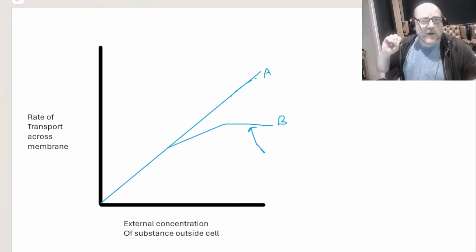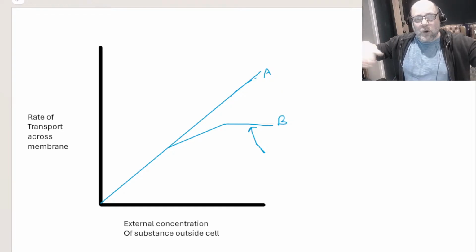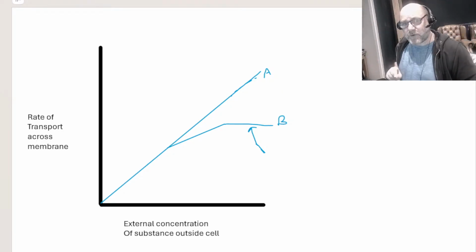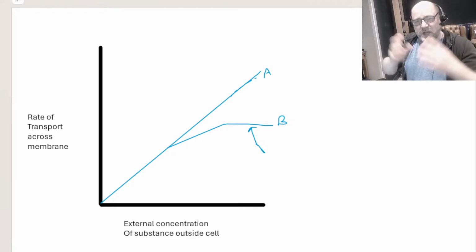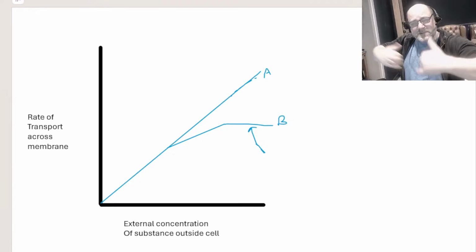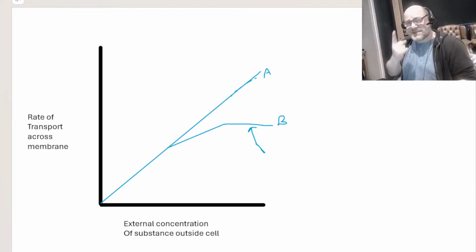So if you have 500 channel proteins in your membrane, then you have a limit. Let's say it takes 1 second for a molecule to move through that channel protein. Then the maximum intake of substances into your cell is 500 amino acids a second.